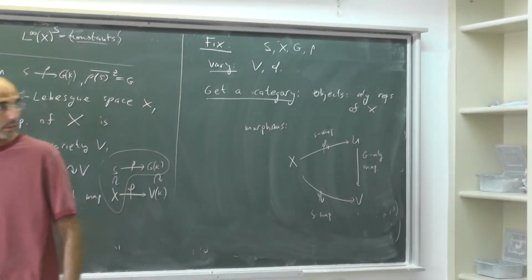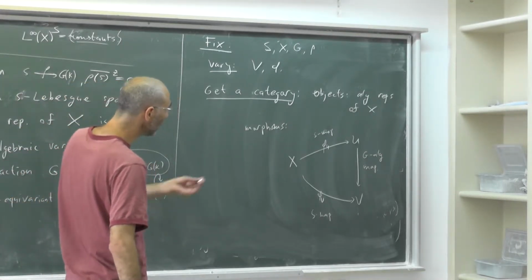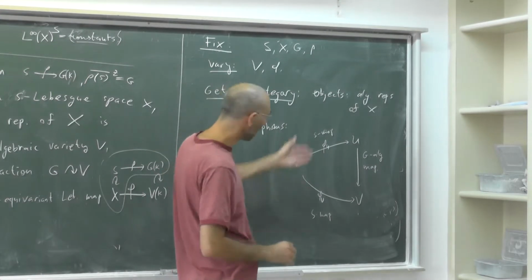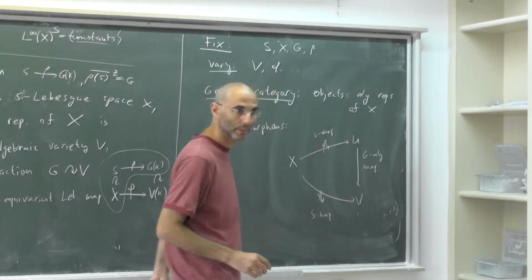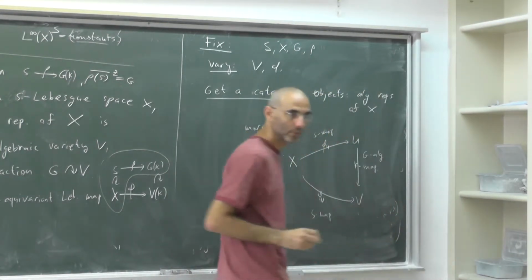Should the map be S equivariant also between U and V? So it is G equivariance, since S acts via the map to G.